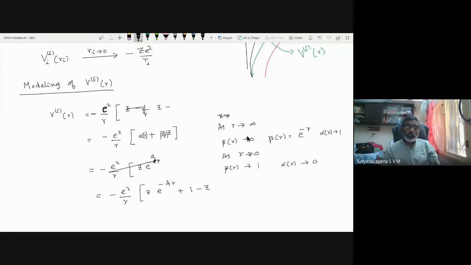That is, as r goes to infinity this becomes 0, and as r goes to 0 I require it to be Z e square by r. So this will not do this job.